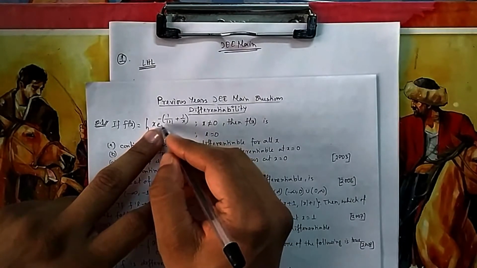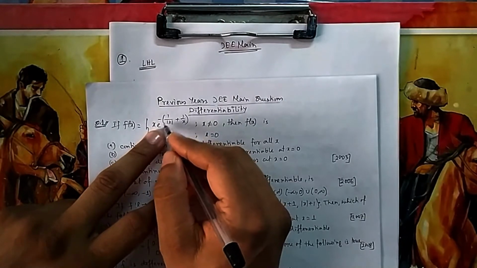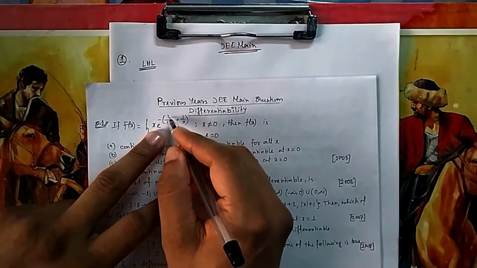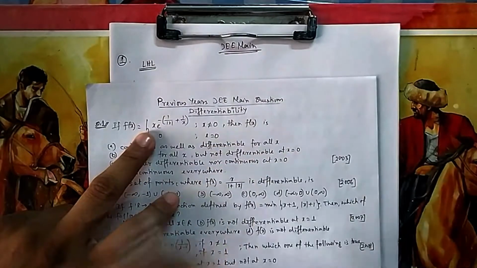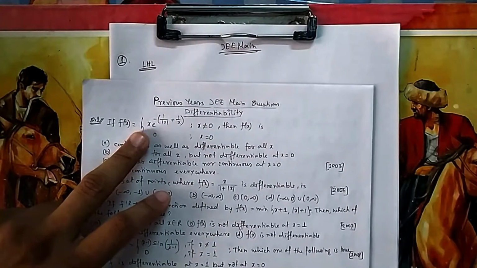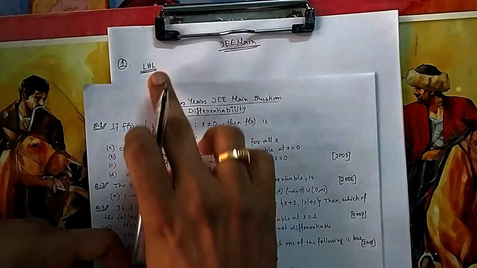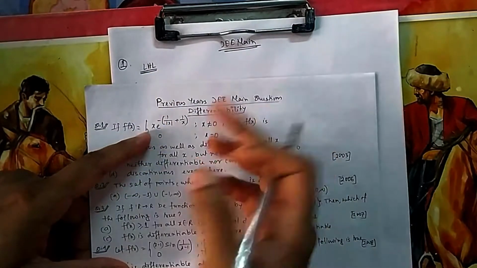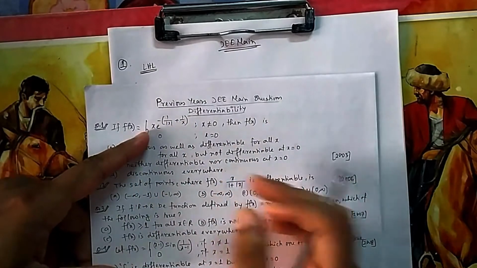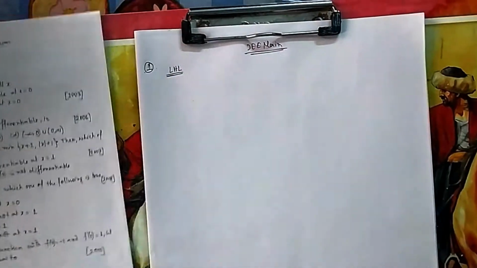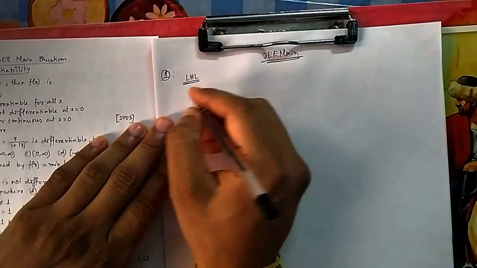So e to the power minus infinity means 1 by e to the power infinity, which means 1 by infinity, which is 0. 0 into 0 will be 0. So the left hand limit is 0. Similarly if you do the right hand limit, that will also come to 0. So it is continuous.